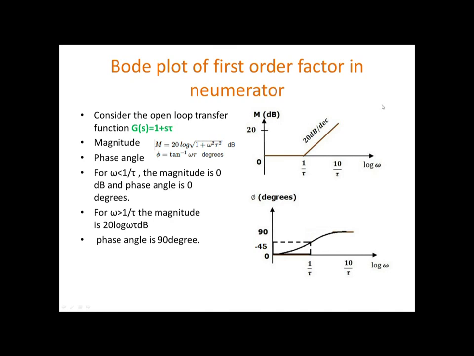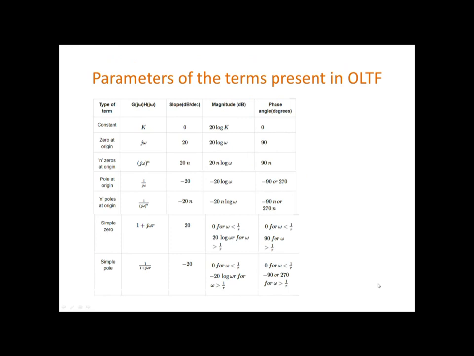So this is the complete Bode plot: the magnitude plot of the first order factor in the numerator, and this is the phase angle plot. Here the phase angle is 0 at 0.1 of the corner frequency, at the corner frequency it becomes 45 degrees, and then it goes to plus 90 degrees.